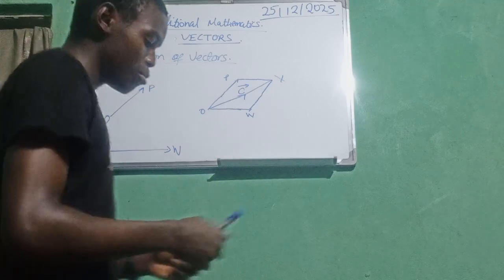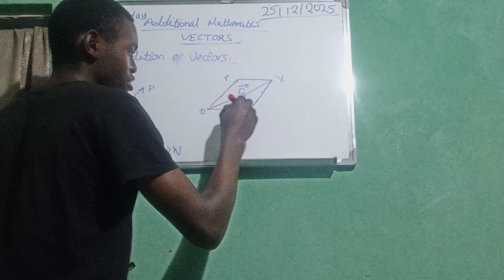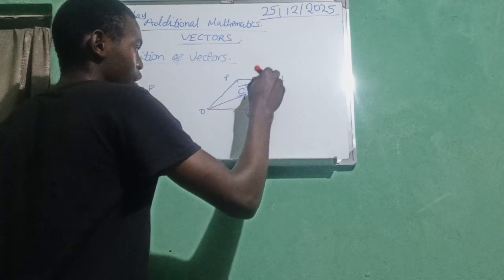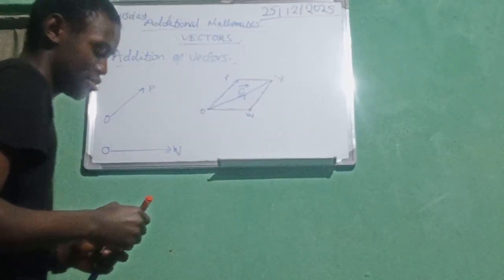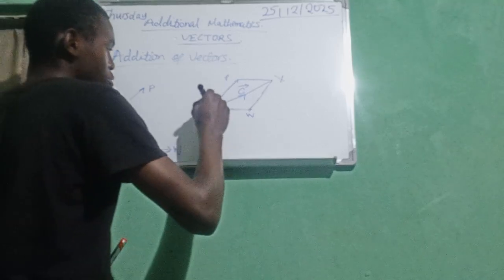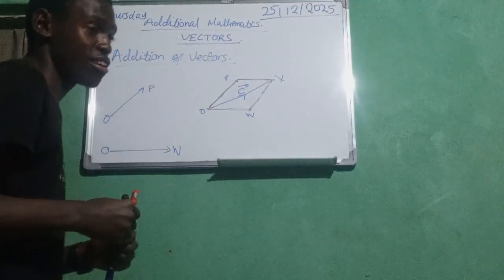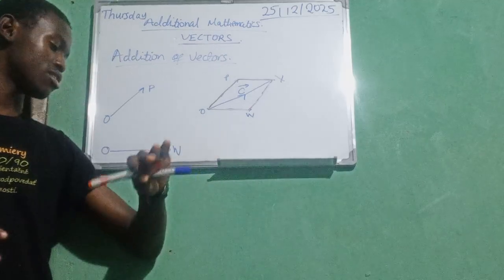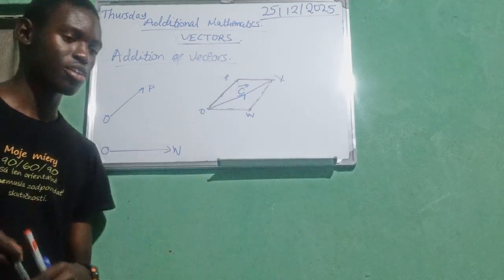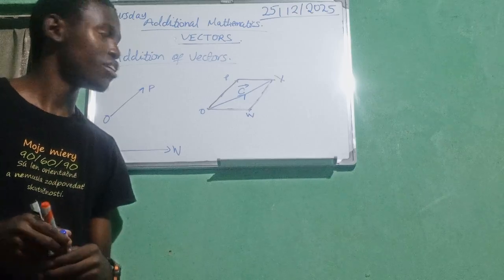So it's like we move from this point, we're moving like that, and then we go there. We find ourselves at X. That's the first method. Or we are moving at this point, we go like that, then we go like that. That's the second method. So this is the parallelogram rule. The second rule will be explained in the second video.